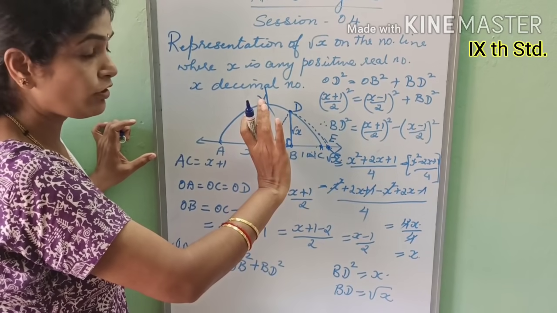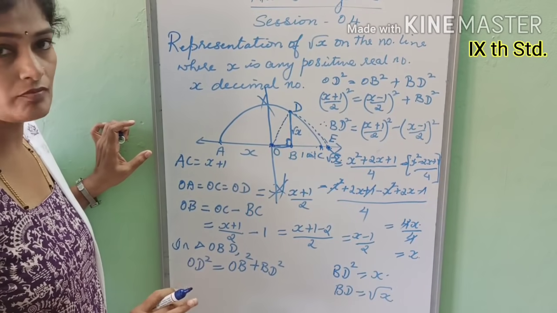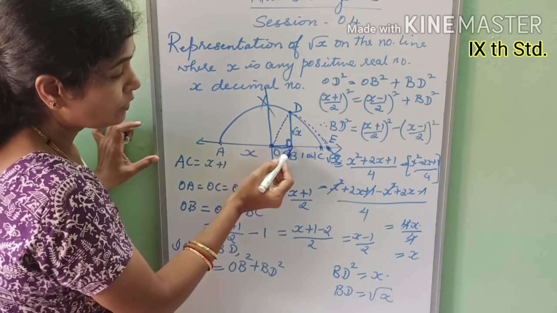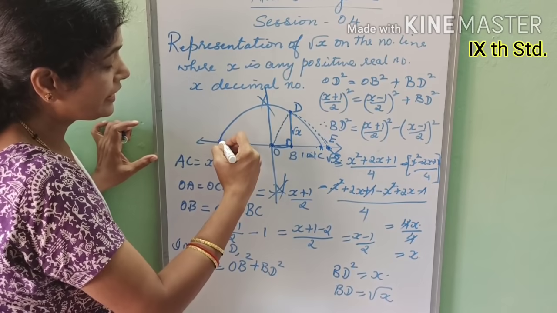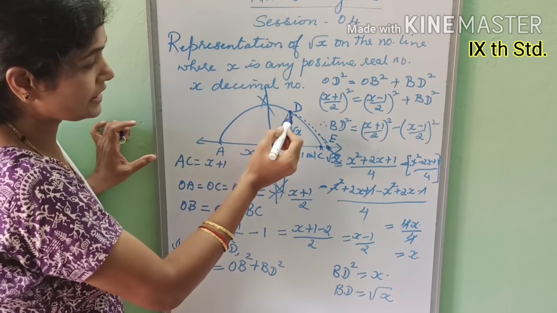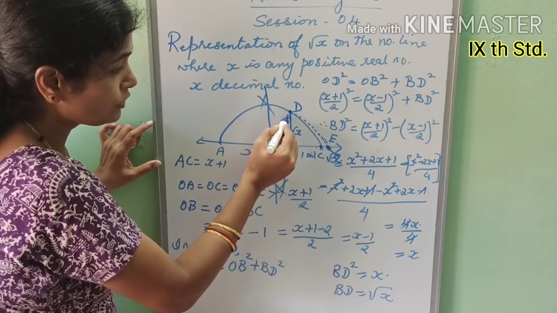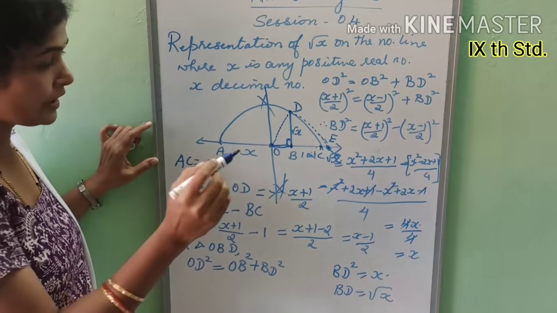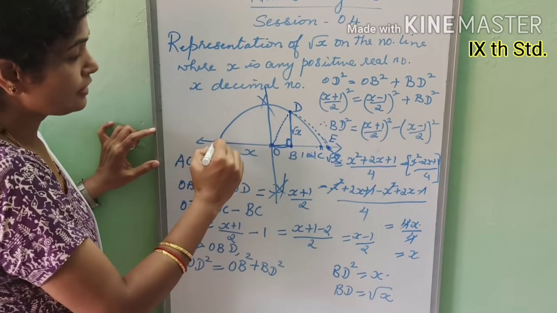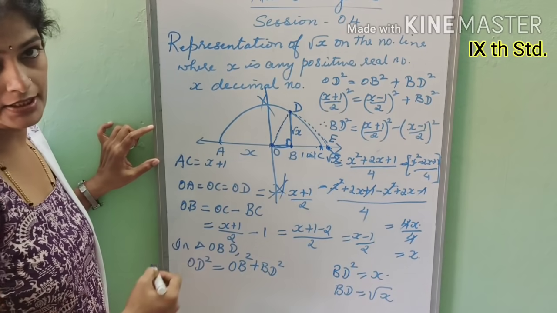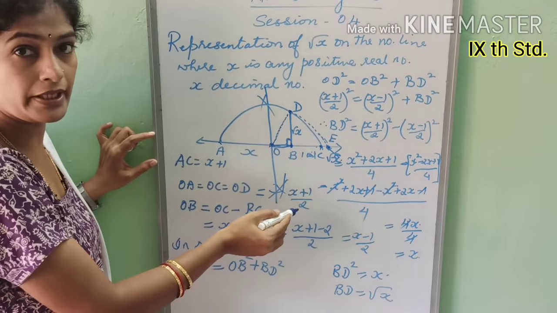Keep the pointer of your compass at O and draw a semicircle. Then, from this point B, draw a perpendicular such that it intersects this semicircle at point D. And now join O to D. If you look carefully, OD is also a radius of this semicircle. So OD is also equal to (x+1)/2.